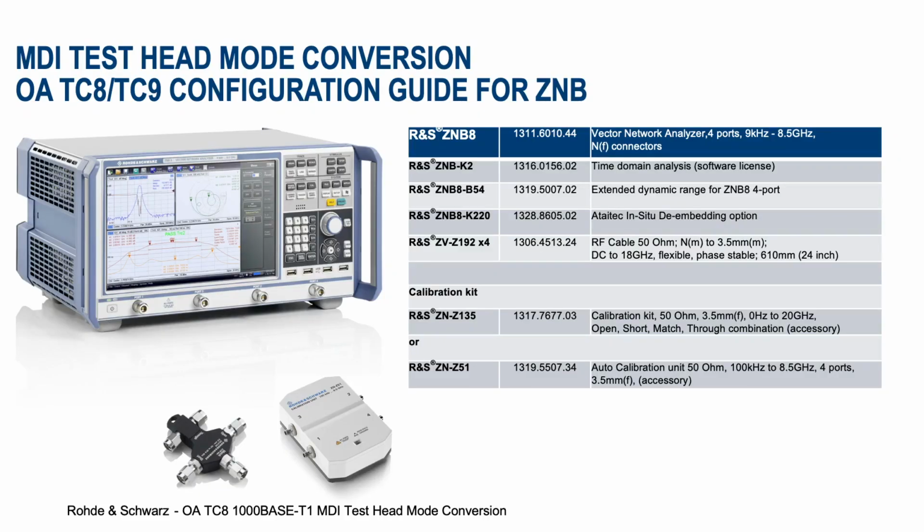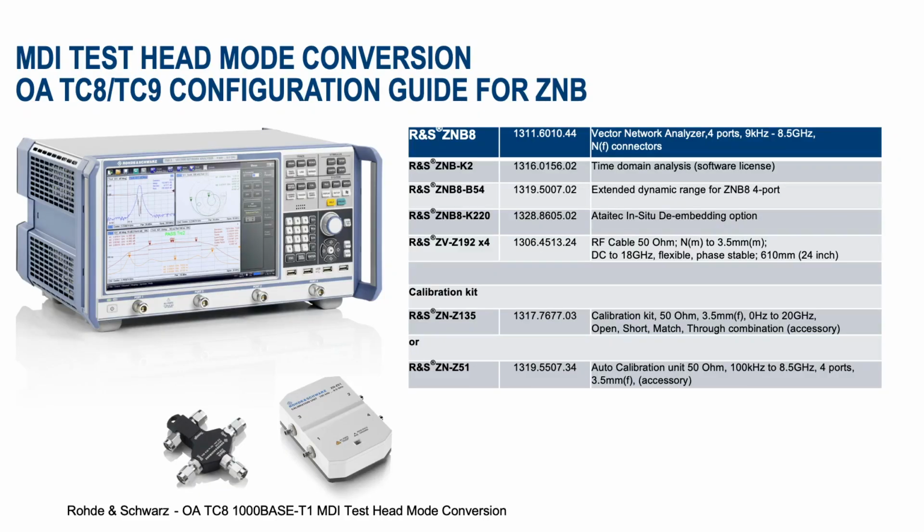Jörn, thank you very much for this very nice and interesting demo. Can you please tell us, this is my last question, what kind of configuration somebody needs with a ZNB in order to be able to perform such measurements? If you only want to do these TC8 measurements, you only need reflection measurements. So a two-port device would be enough.